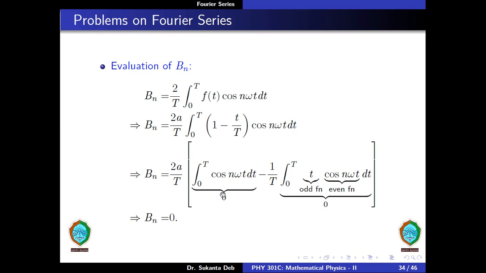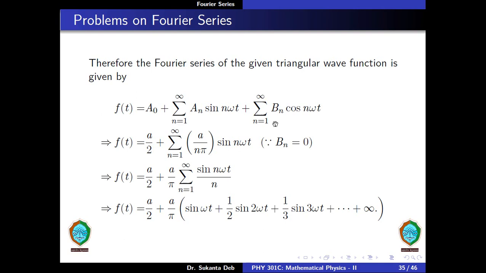The first part is equal to 0 because we already know that the value of this integral is equal to 0, and the second part can be written as 1 by T integral from 0 to capital T t into cos of n omega t dt. Now t is an odd function, and this is an even function, and we know that the integral of the multiplication of an odd function and an even function over a complete period is equal to 0. Therefore b n is equal to 0 in this case.